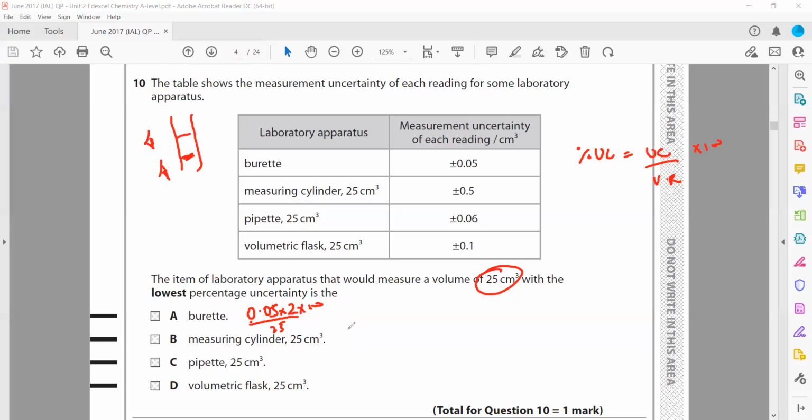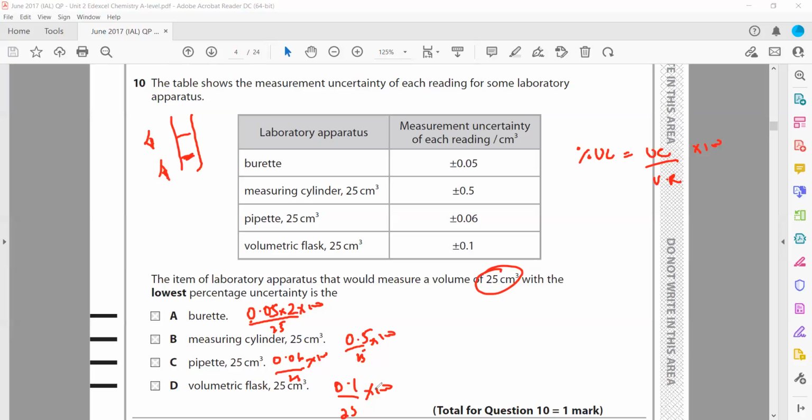For a measuring cylinder, we just fill it, so we measure it once, but it has a higher uncertainty of 0.5, divided by 25 times 100. And for a pipette, we just measure a fixed volume, so that is 0.06 divided by 25 times 100. And for a 25 cm3 volumetric flask, that is 0.1 divided by the value recorded, 25, times 100.